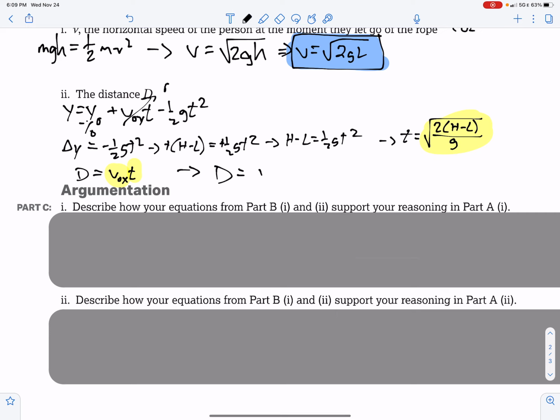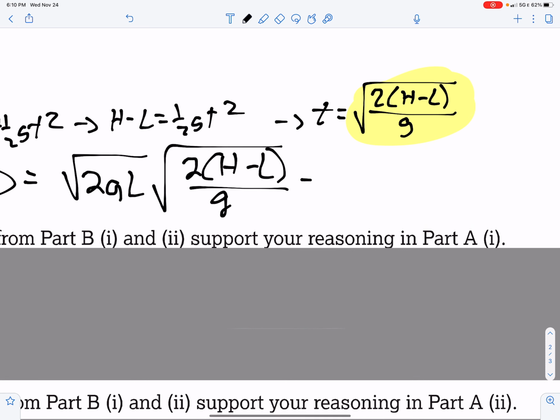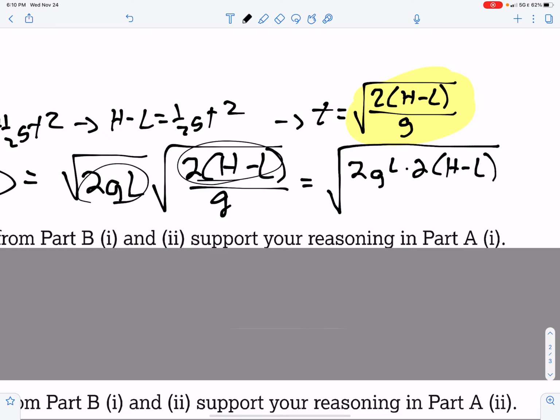And the distance is going to be the square root of 2gL times the square root of 2 times the quantity h minus L over g. Now, since you have two different square roots here, you can put everything under the exact same radical, and you have 2gL times 2 times the quantity h minus L, all over 1 times g, which would just be g.